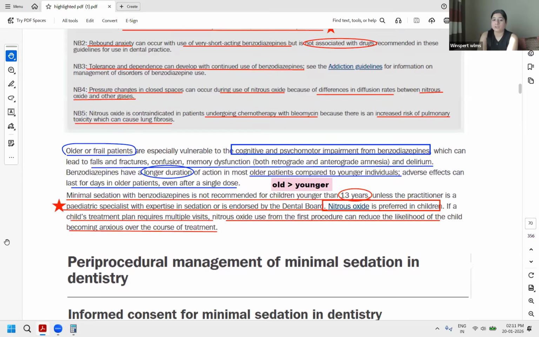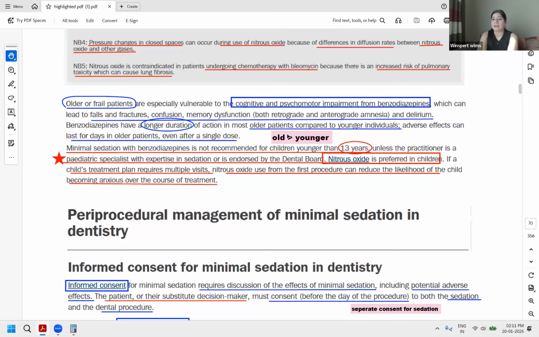Older and frail patients, cognitive disability, psychomotor impairment, they are all contraindications to benzodiazepines, right? Falls can happen, confusion can happen, memory dysfunction, amnesia, both retrograde and anterograde can happen, delirium, and they have a longer duration of action, so much longer supervision.